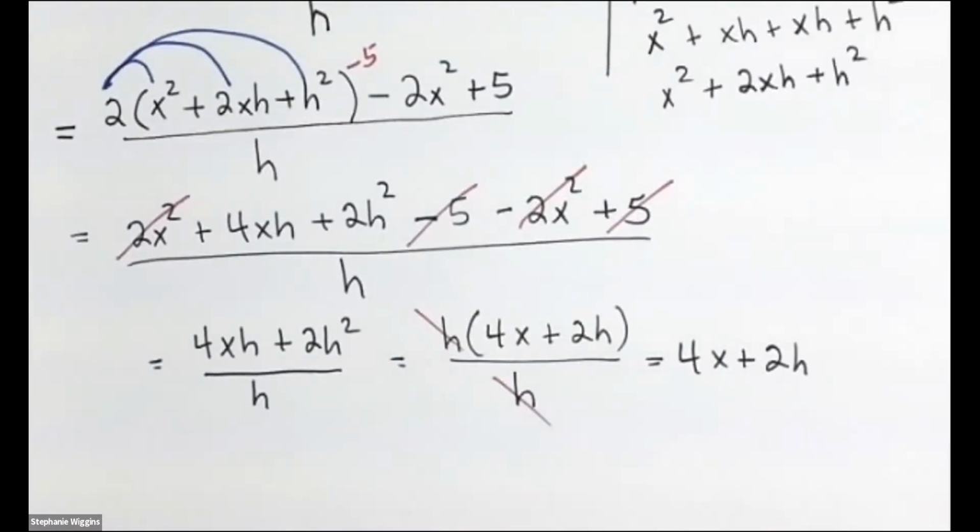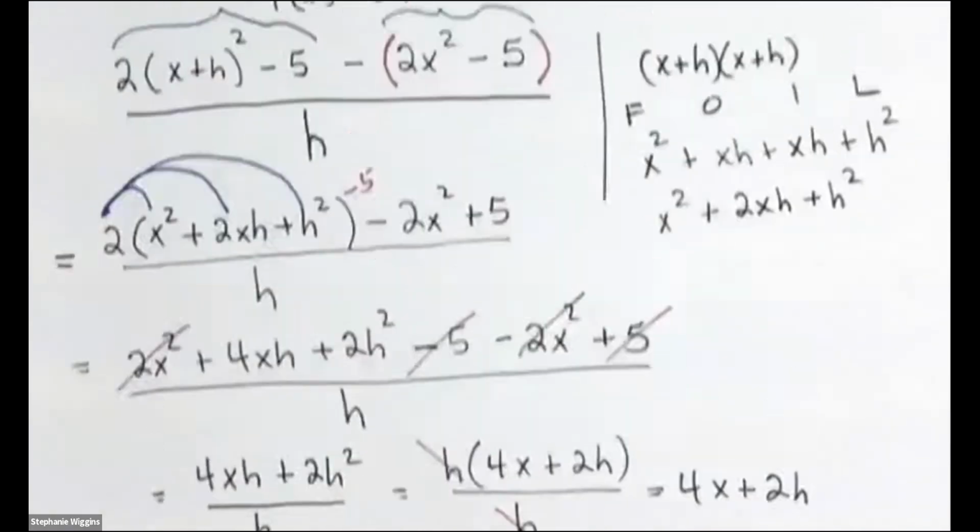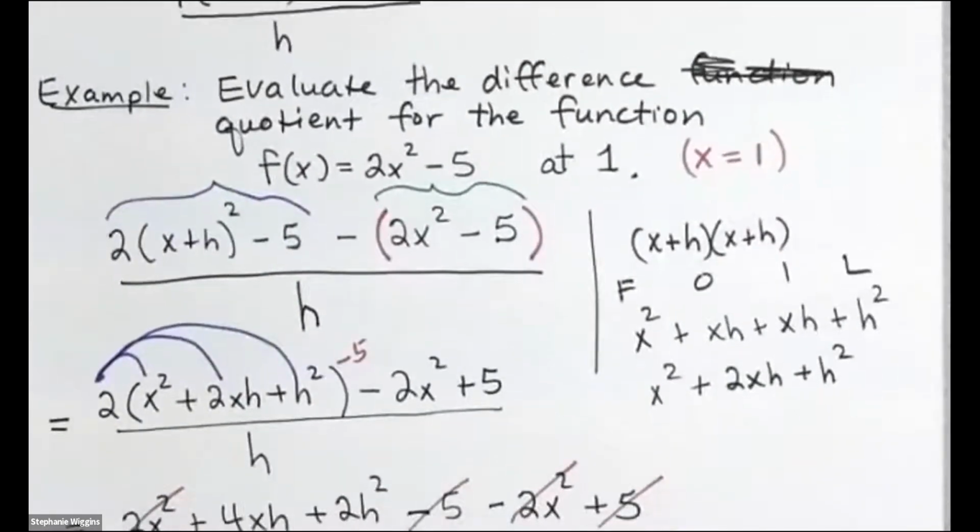So now I'm not done yet, because remember, the problem says, if you'll recall, evaluate the difference quotient for the function at 1. And so remember, whenever you see "at," that means x equals 1.